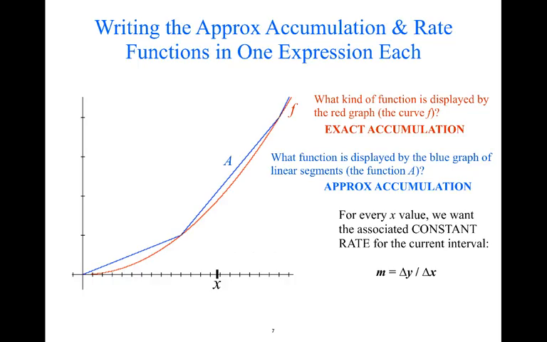So they have to be the endpoints of that interval. Those are the common points between exact and approximate accumulation. So we're going to pick off the values of exact accumulation from the endpoints and let those also be on our approximate accumulation function, and then make the constant rate between them.